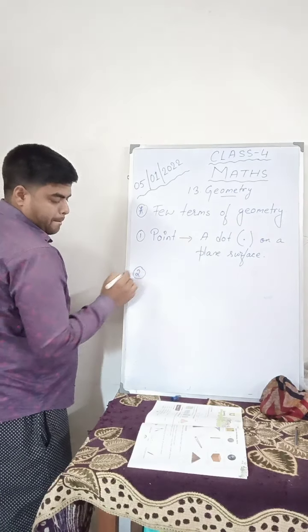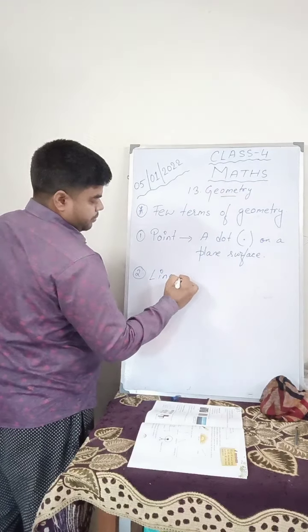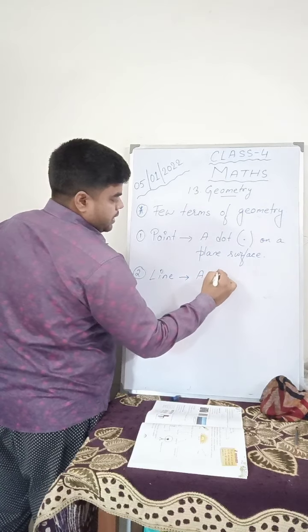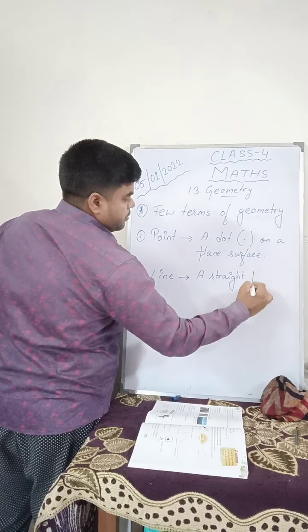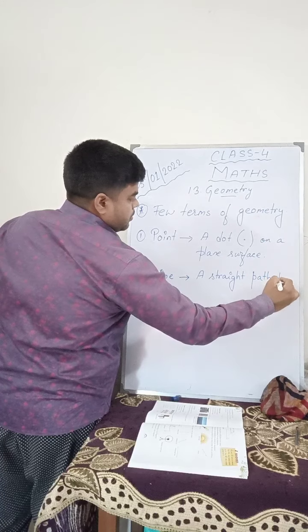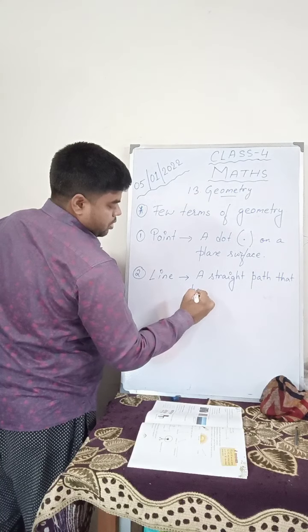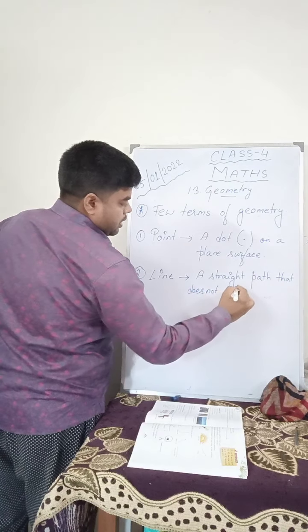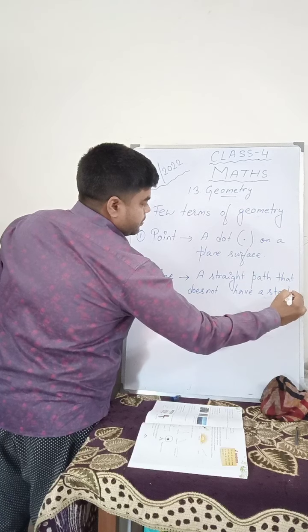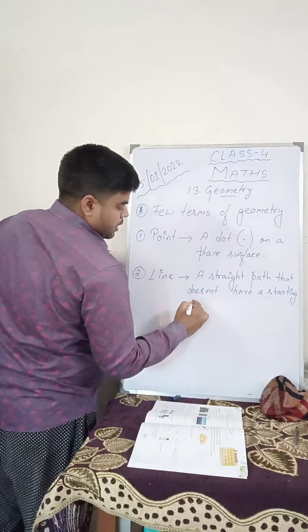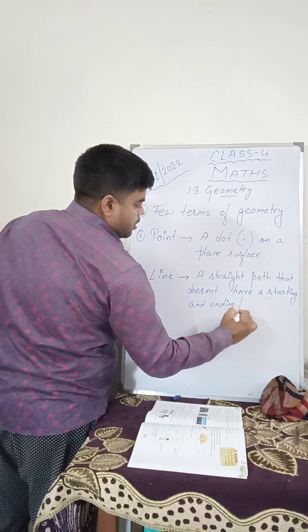Number 2, line. A straight path that does not have a starting and ending point.